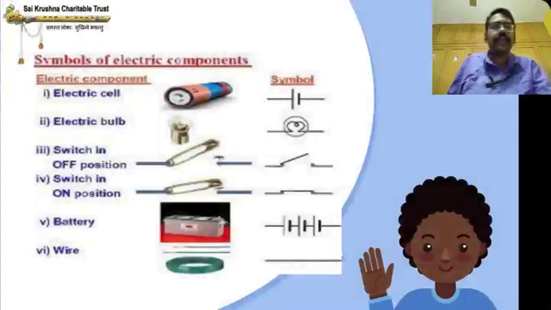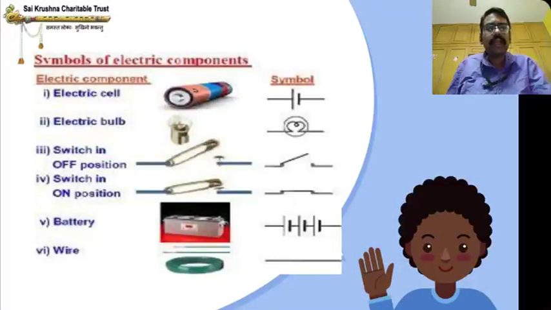Now, what are the symbols of electric components? Electric cell symbol is like that. Electric bulb symbol is there. Switch in off position, the circuit diagram is there. Switch in on position symbol is there.